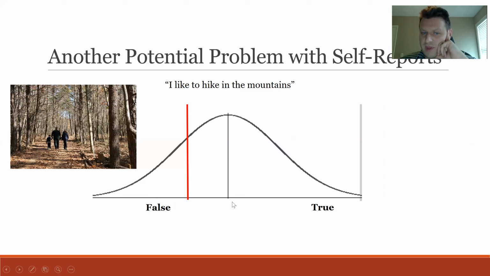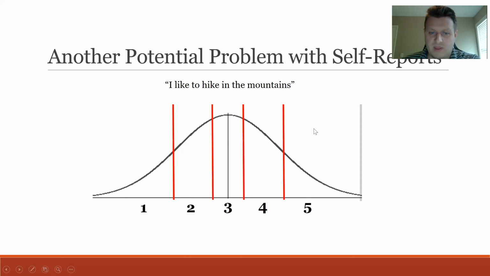Over here, you're going to say true, even though your personality, what you like, has not changed. Based off of how you interpret the question, you gave me a different response. That's tricky. It's going to cause some error in our measurement just based off of how people read the questions, based off of how they set these category boundaries.